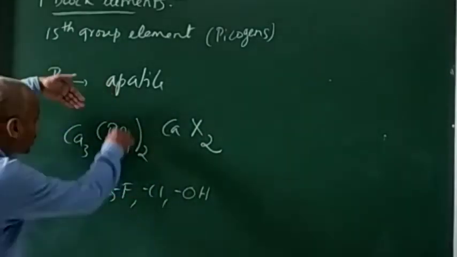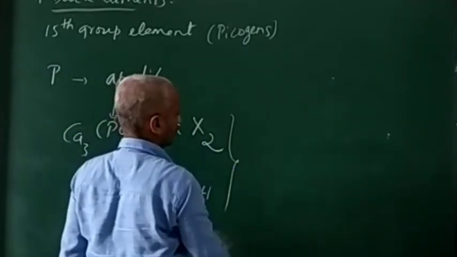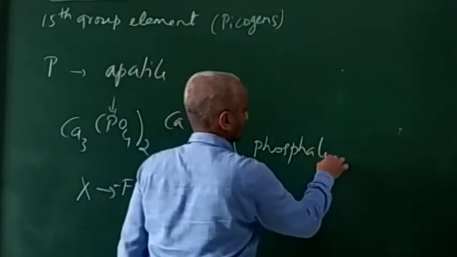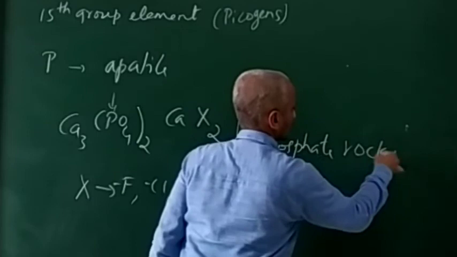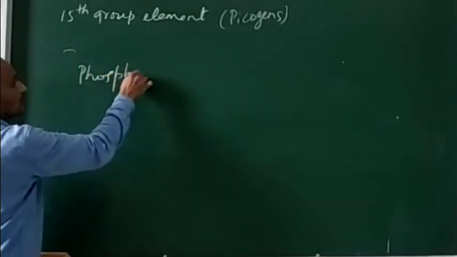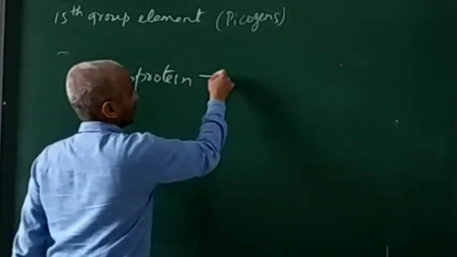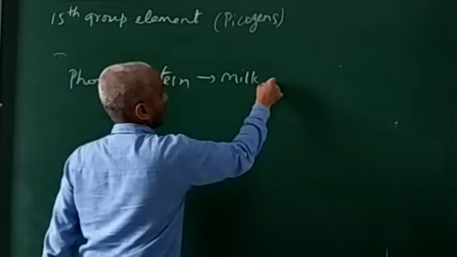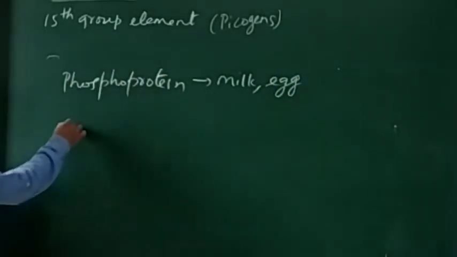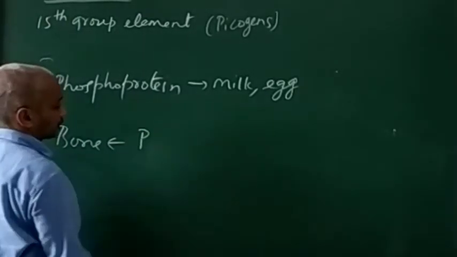They contain the phosphorus group. Actually, it is a calcium phosphate that will be there in phosphate rocks. Phosphoprotein will be there in milk and egg. Then our bone contains phosphorus.